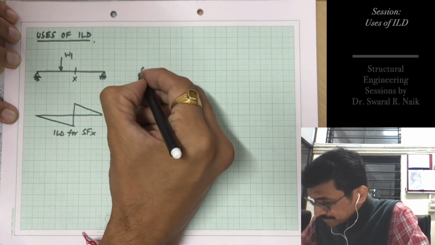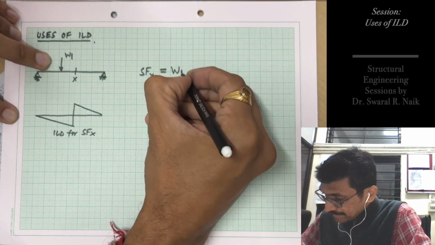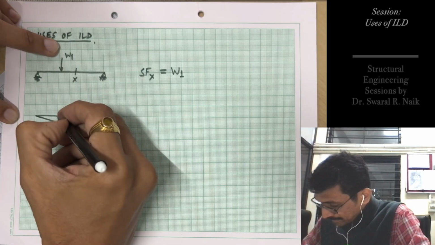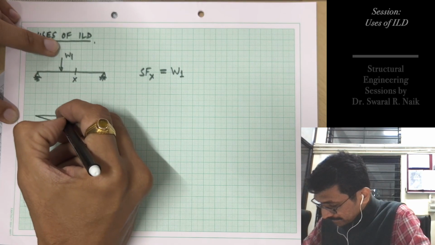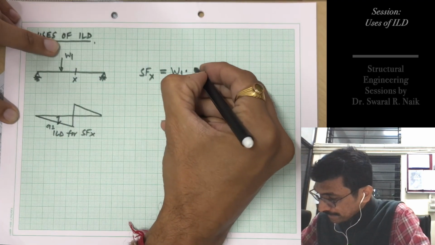So shear force at X will be nothing but the intensity of load multiplied by this ordinate. Let this ordinate be A1.